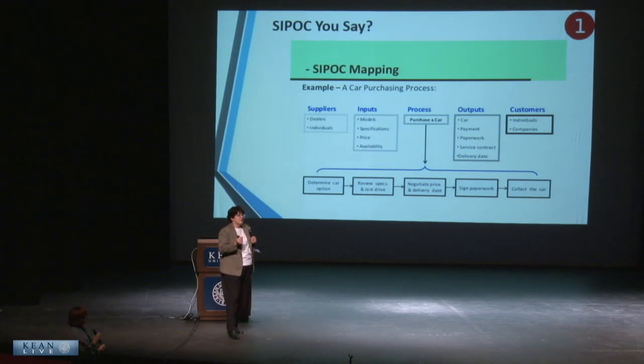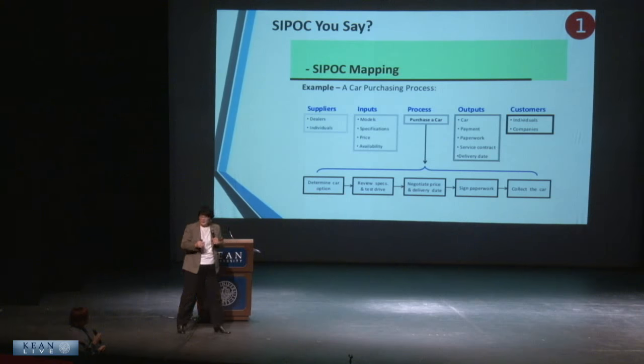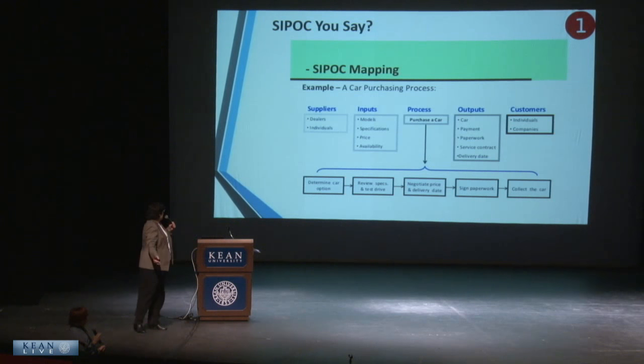It's going to have been created in a silo. If you're creating a process in a silo, are you really maximizing the customer value, the customer experience, the student experience? No.